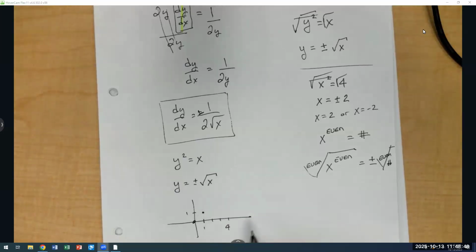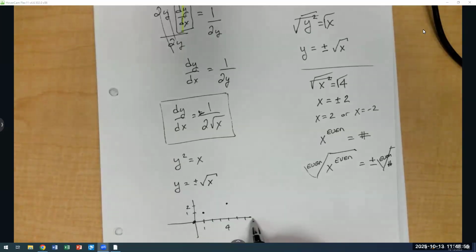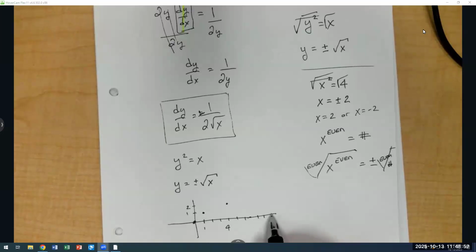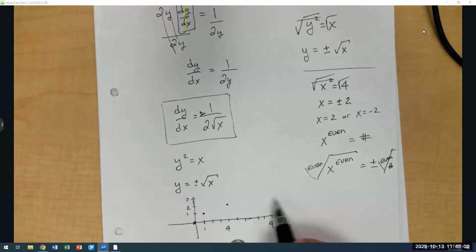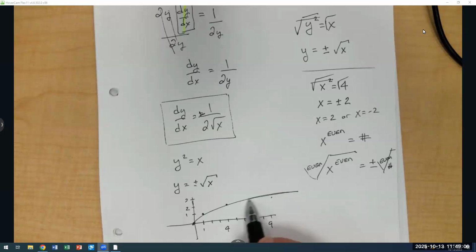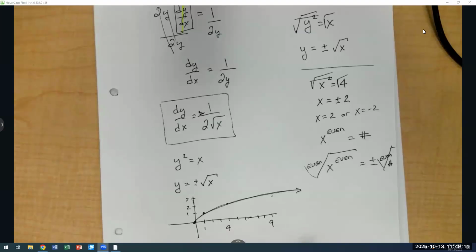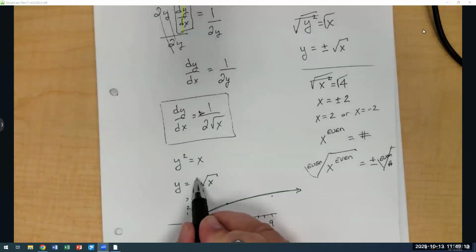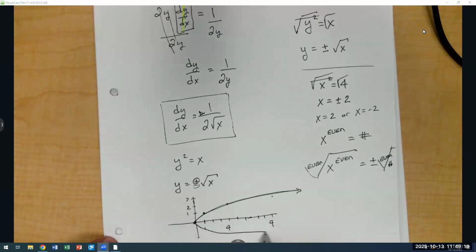When x is 4, what's y? 2. When x is 9, 3. So the graph grows slowly like this. That's on the positive side. Now for the negative side, I just do the opposite.